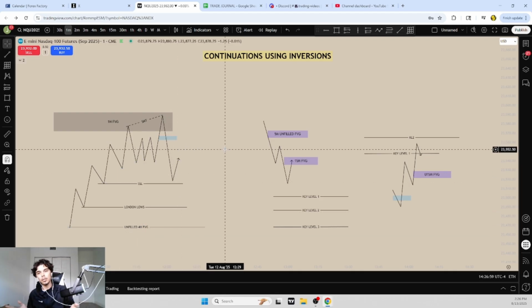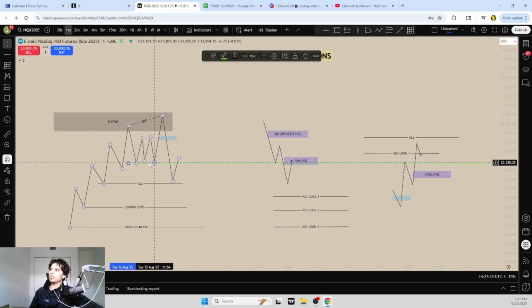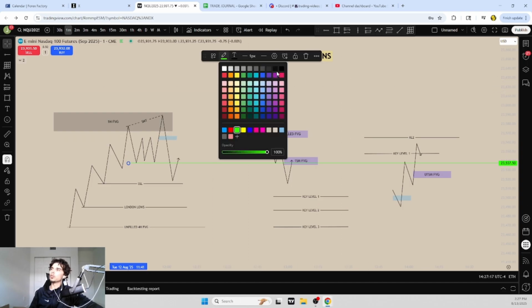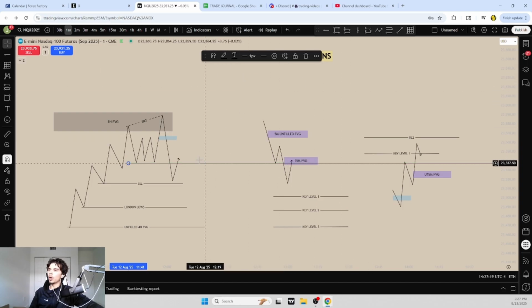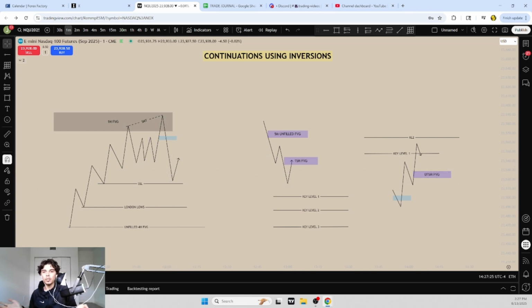But continuations, let's say we missed the entry, right? For whatever the reason is, we weren't convicted enough. We just straight up missed it, right? We didn't see it. And you see price continuing down, okay? We took out TP1, which would be these relatively equal lows right here. But what can we do? Well, instead of entering all the way down here and having FOMO, what is the smartest thing to do?